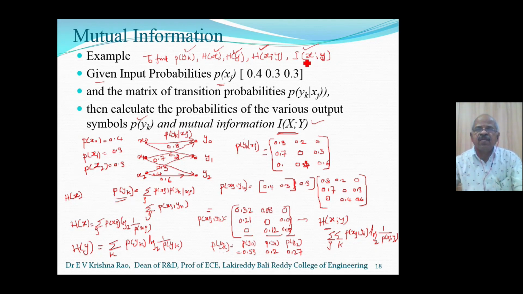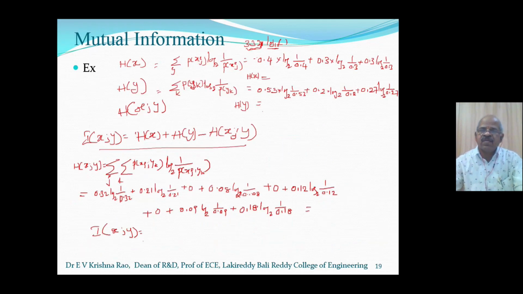These are all calculated. The problem is usually to find any one of these things. If mutual information is asked for, you will need all of these anyway and calculate them. Similarly, for the given input probability and transitional probabilities, you can also be asked for the mutual information I of x comma y equal to H of x minus H of x at y.